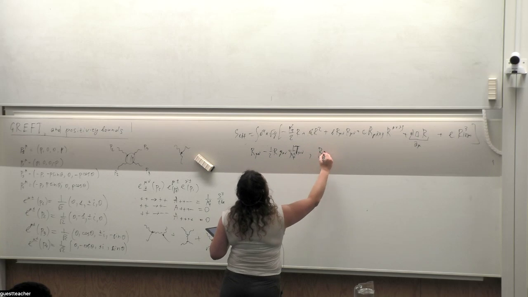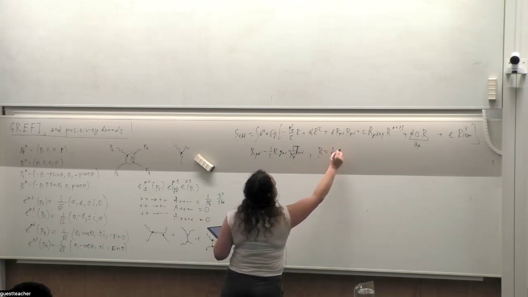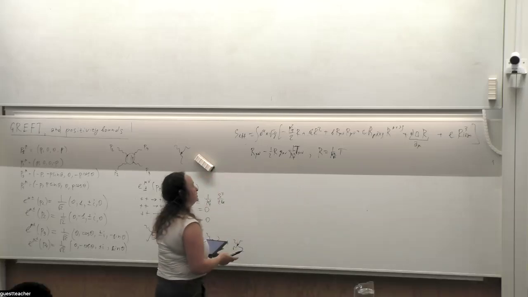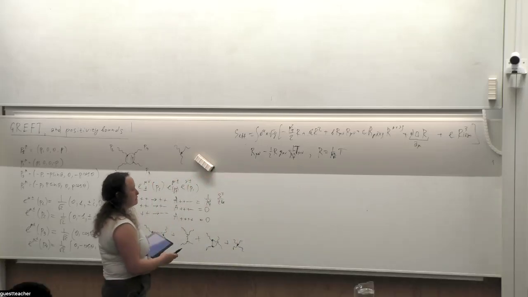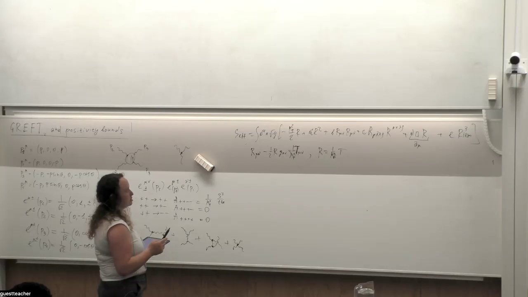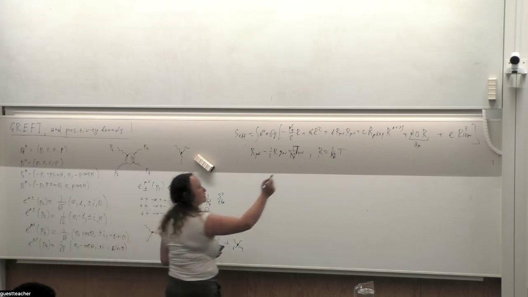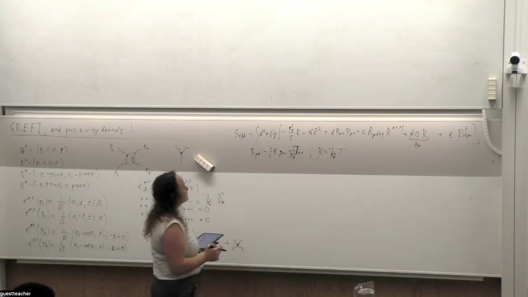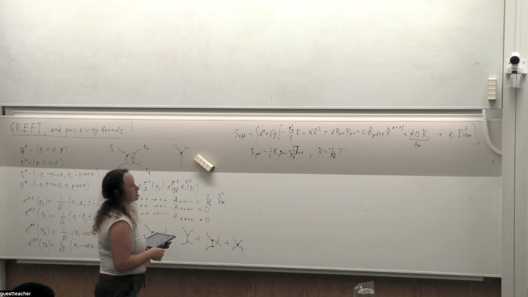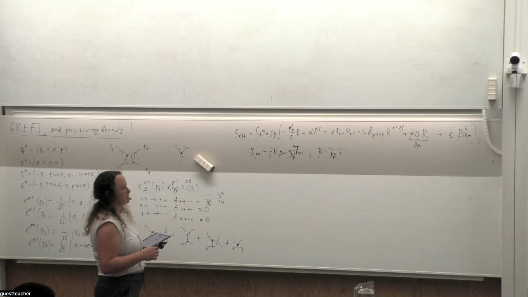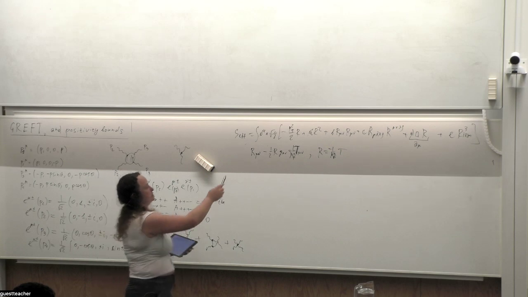Also, we can find that for the curvature, it's 1/2 1/M_p squared T, where T is the trace of the energy momentum tensor. But the main point here is that these are free equations of motion.